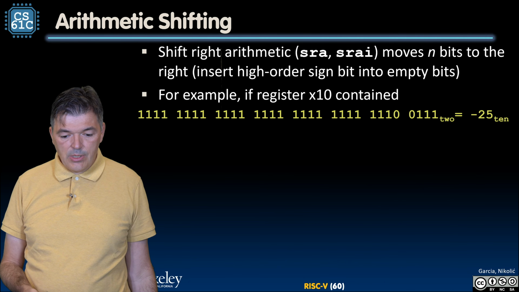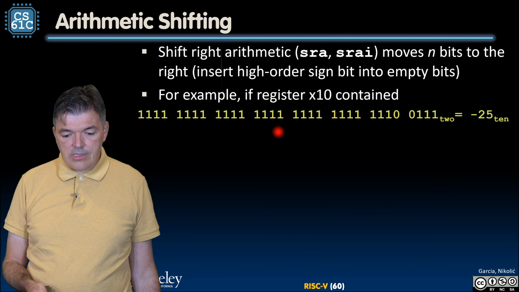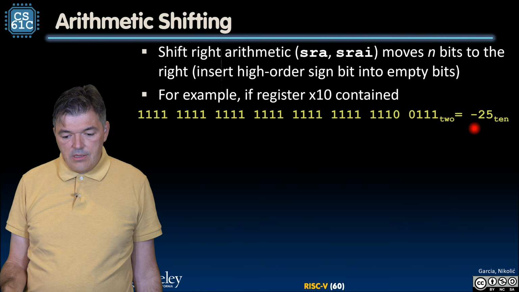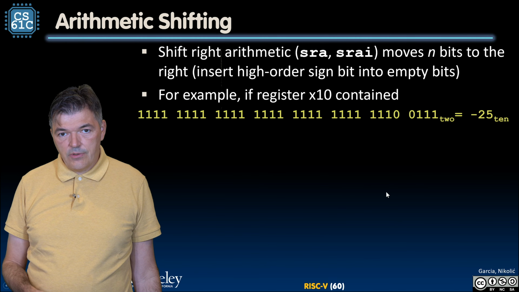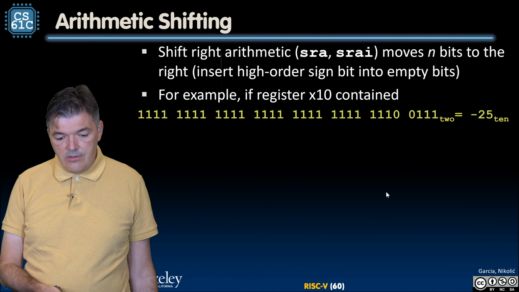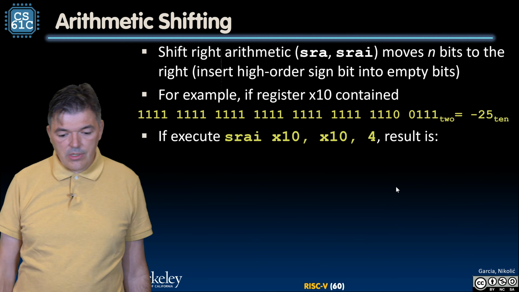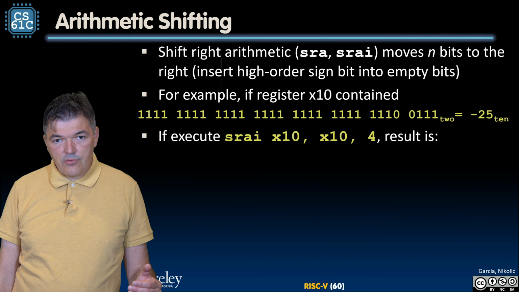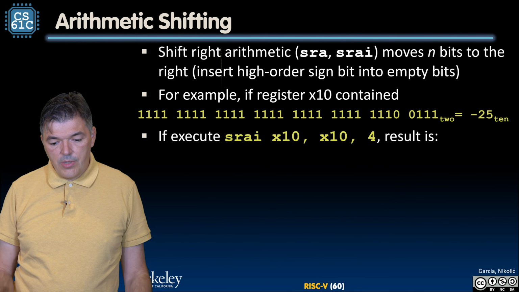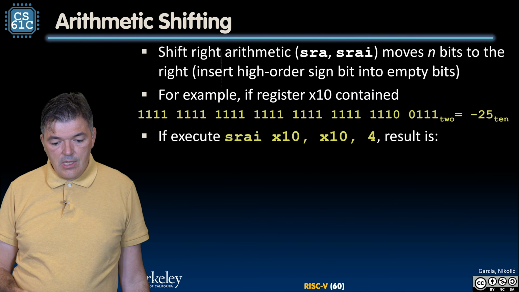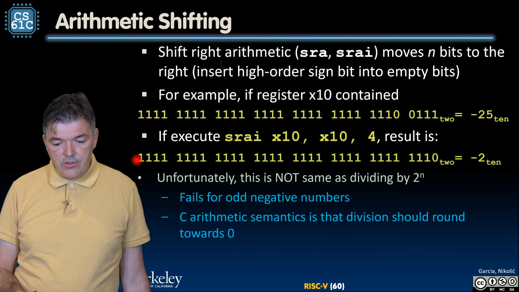Okay, so in this example, if x10 contained a decimal value of -25, see, notice its topmost bit is one, so it's a negative number. If we execute shift right arithmetic immediate by 4 bit positions, the result is going to be this.